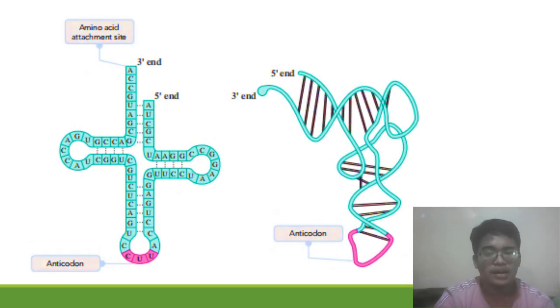And the anticodon is located in the hairpin loop, opposite the open end. I'm going to circle the anticodon. So here's the anticodon. That amino acid attachment site and the anticodon are the two important parts of the tRNA structure.